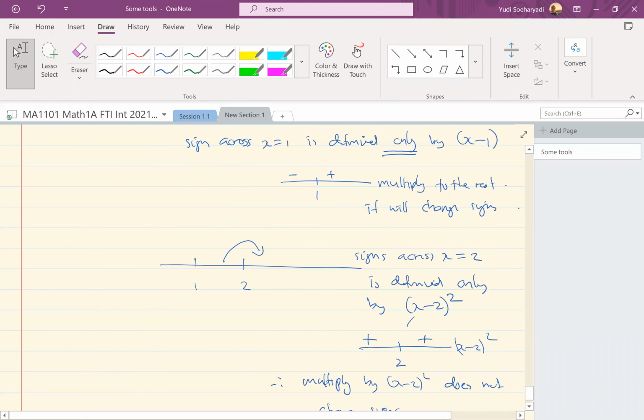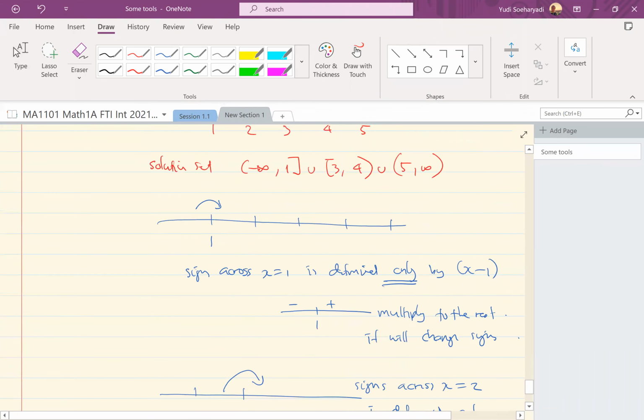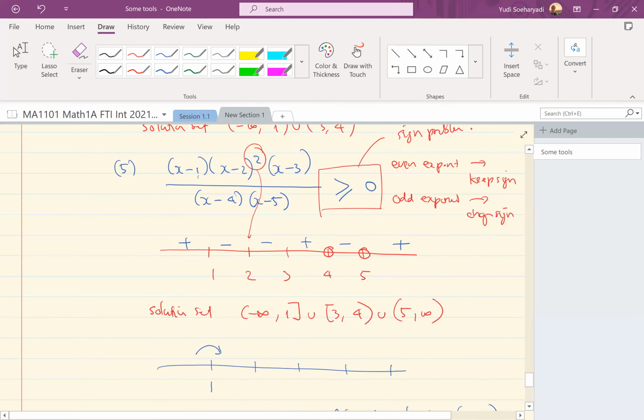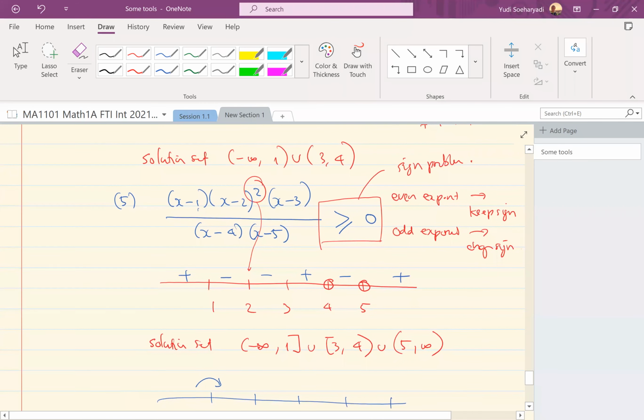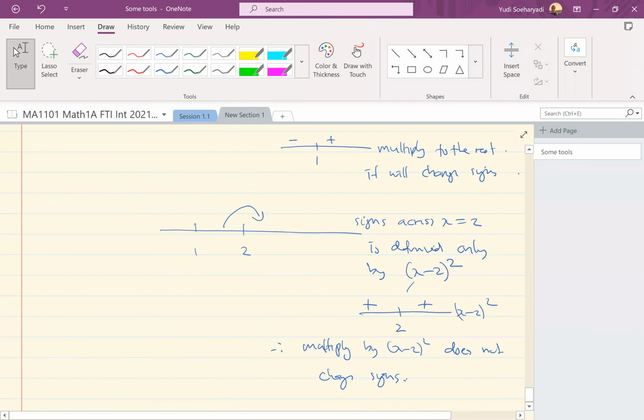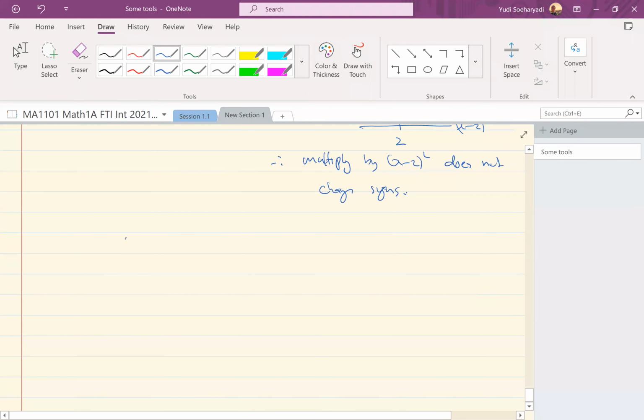You can generalize that further. For power 1, for example, or x minus 1 to the power 3, the sign is positive to the right and negative to the left.